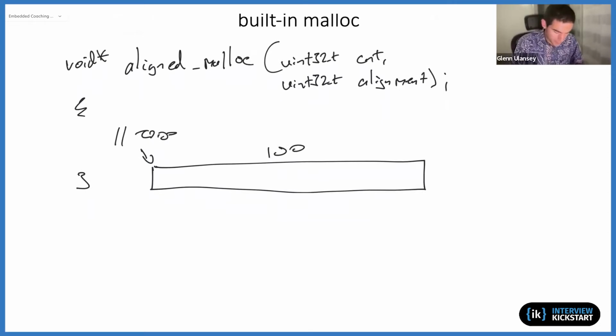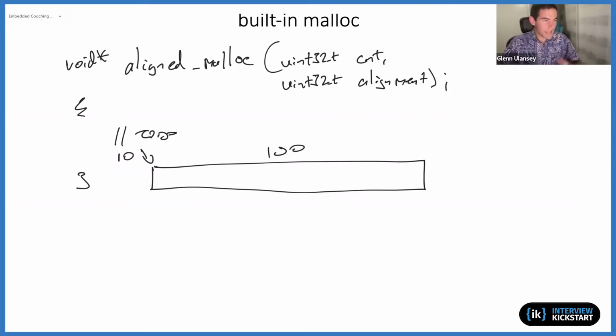Say this starting address is a multiple of 4. Now let's go even crazier than that. Say it's a multiple of 10 is the default alignment.